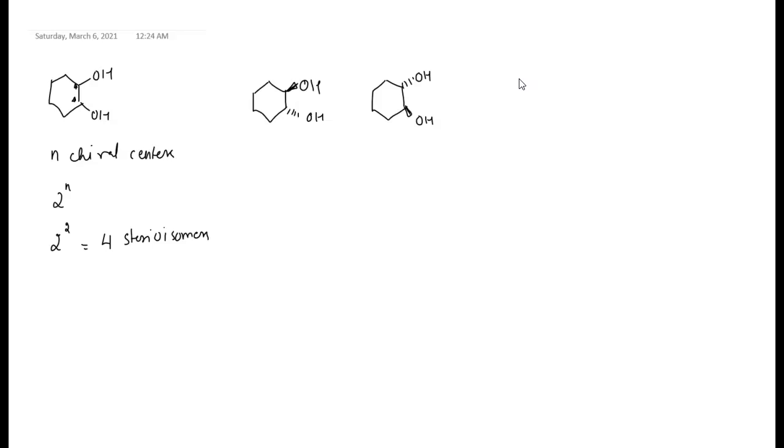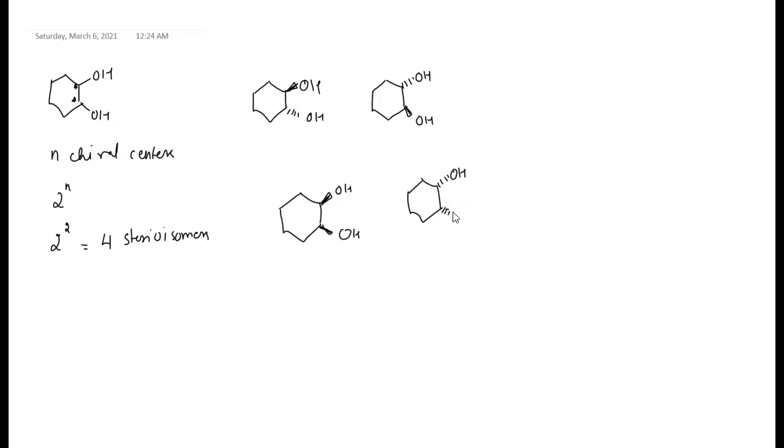These are mirror images of each other. And I can also have another stereoisomer where both the OHs are pointing up, and then the mirror image of this would be where both the OHs are pointing down.